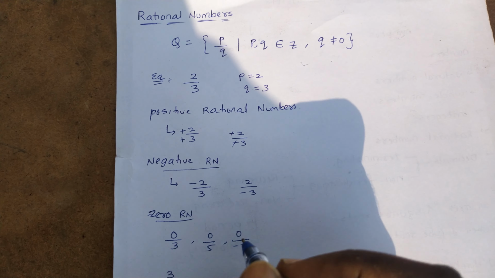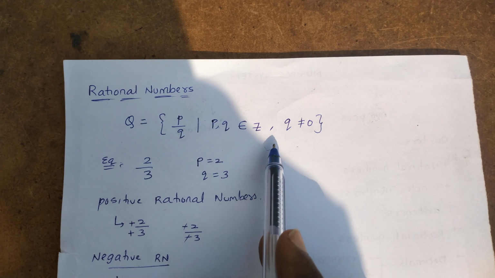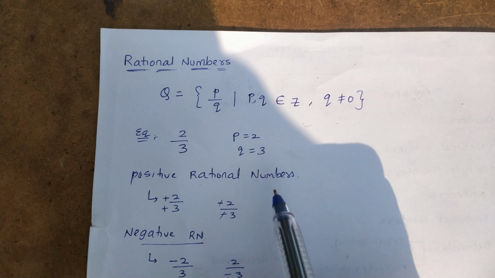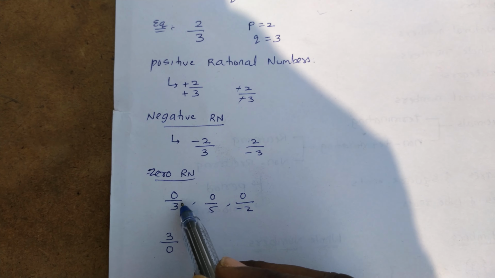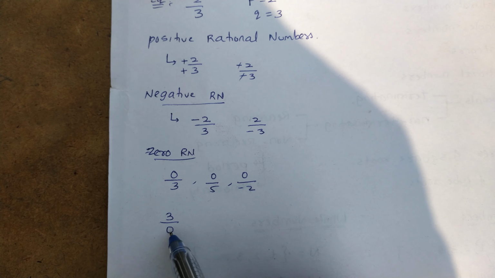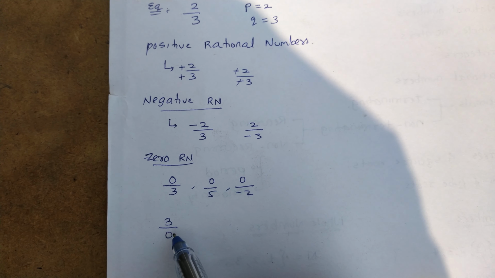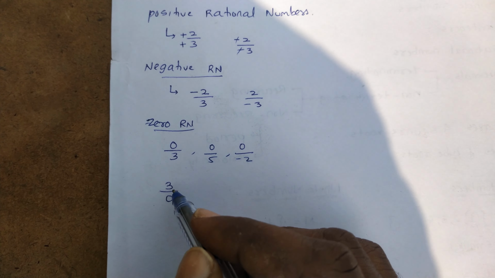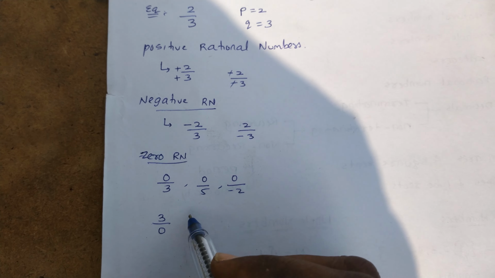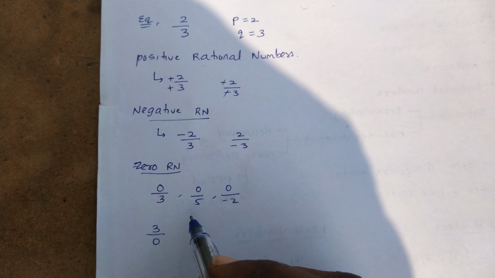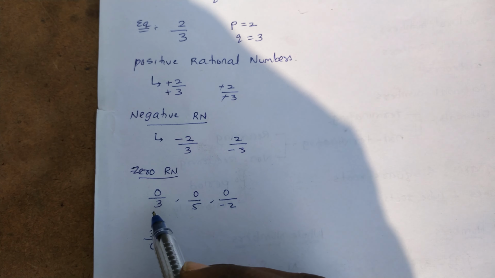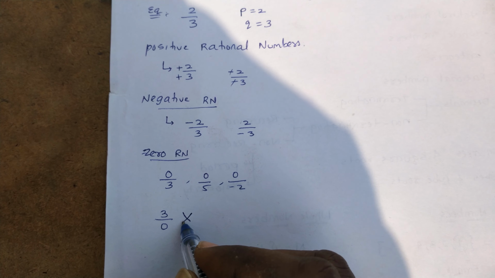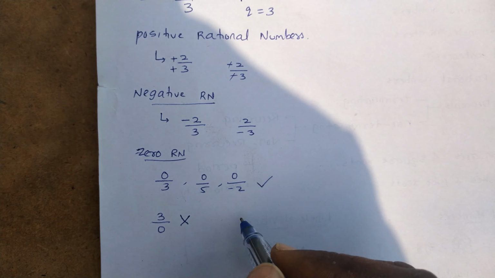I already told you, q should not be equal to 0, that means the denominator should not be equal to 0. The numerator can be 0, but the denominator should not be 0. If the denominator is 0, then it is undefined and will not come under rational numbers, because something by 0 is undefined. So this is not a rational number, while these are rational numbers.